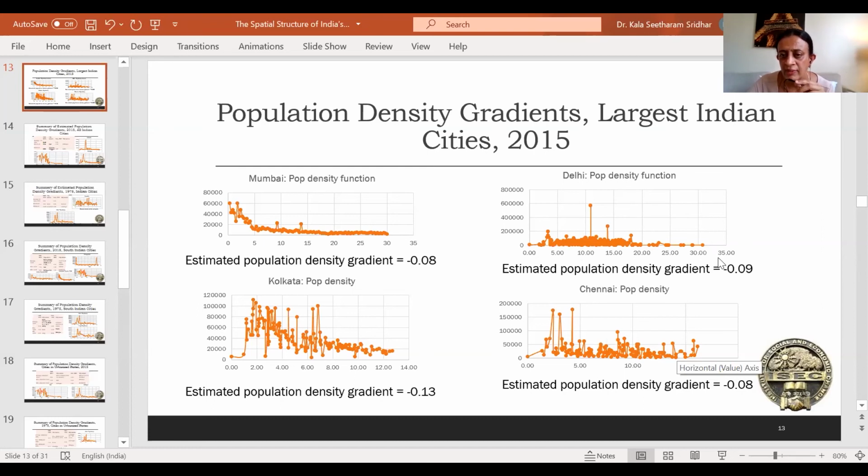And this is a very symmetric distribution for Delhi. And this is also a very strongly negative exponential density function for Kolkata. So these are all not based on gradient. That's why I put the gradient value, so that you can correlate the population density and the spatial distribution to the density gradient.